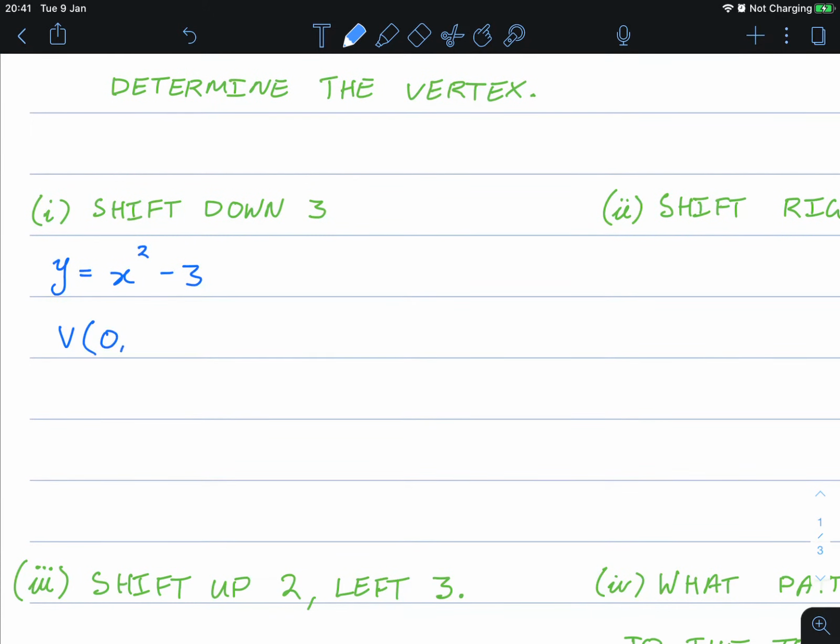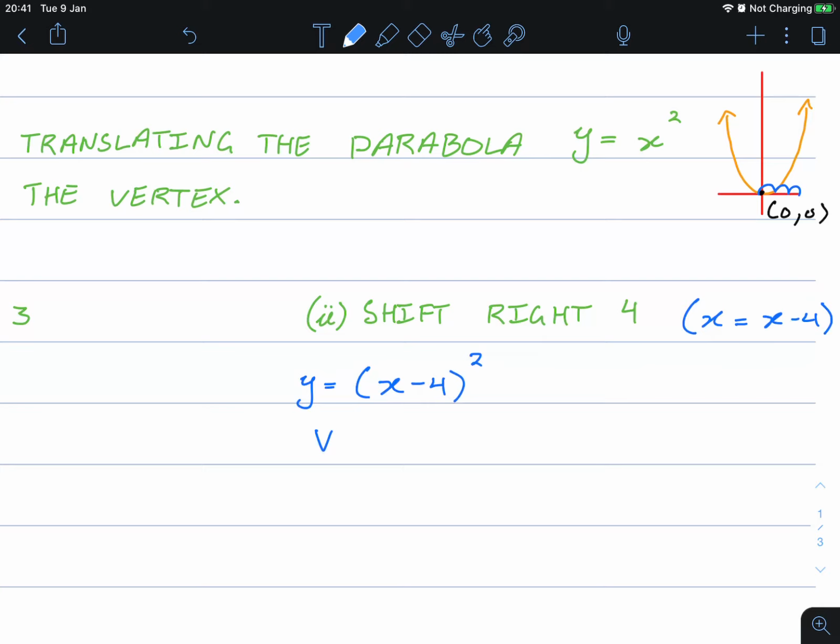We're only moving along the x-axis, so the vertex, if it was originally 0, 0, moves 4 spaces to the right. This 0 should now be 4, and the y value hasn't moved, so it's still 0.